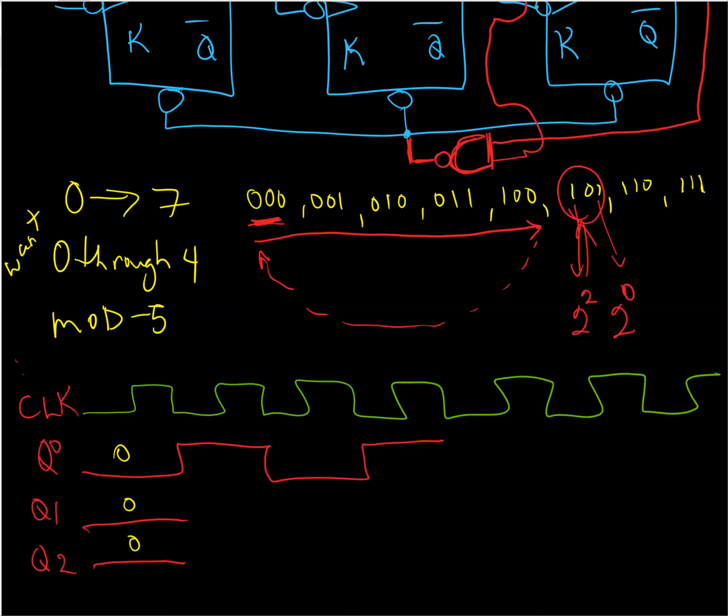And then we have our next state, which is 0, 0, 1. Then we have our next state, which is 0, 1, 0. And our next state, which is 0, 1, 1.